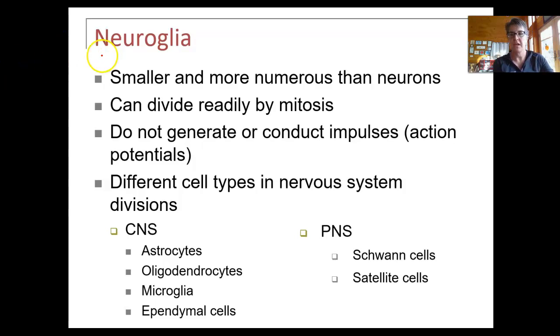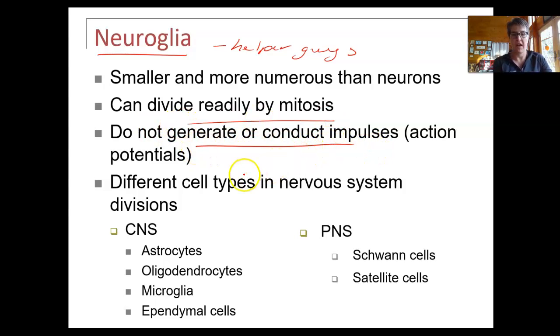And then I have my neuroglia, and my neuroglia are my helper guys. They are also gray matter, but we're not really going to talk about them like that. They can divide and be replaced. They do not generate any type of action potential, and there's different ones whether I'm in the central nervous system or the peripheral nervous system.